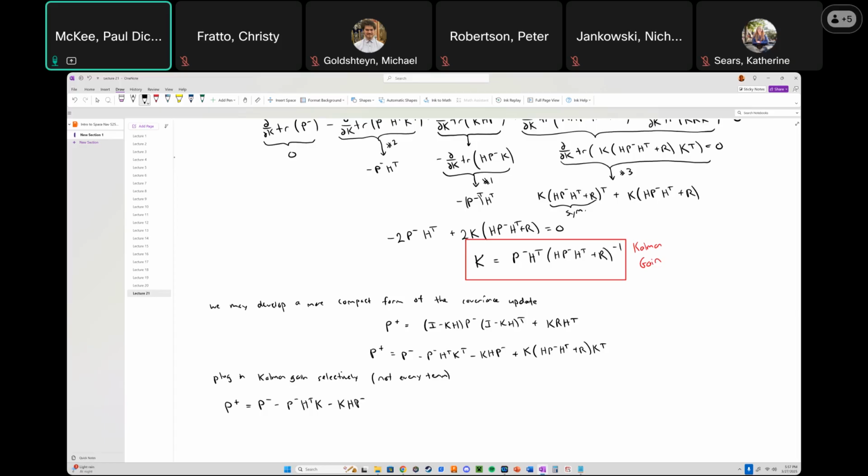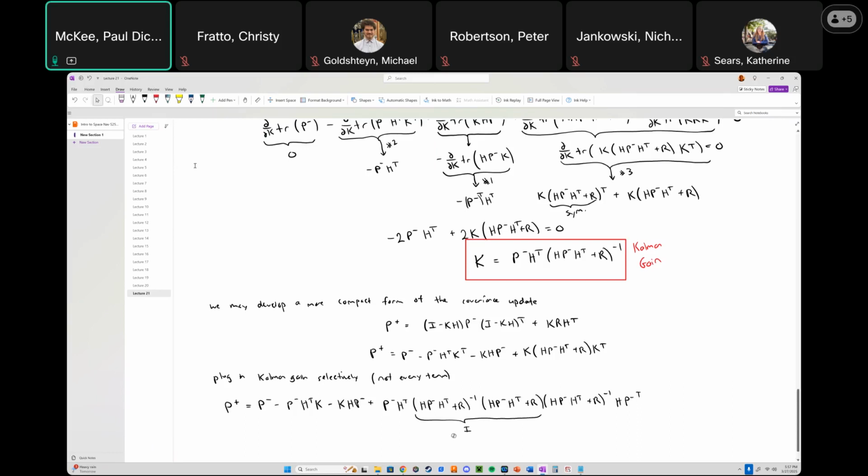But now, for this kind of ugly term towards the end, we're going to plug in plus P minus H transpose, and then we have H P minus H transpose plus R inverse, and then in parentheses, H P minus H transpose plus R, and then we've got H P minus H transpose plus R inverse H P minus, which these two cancel out through the identity matrix.